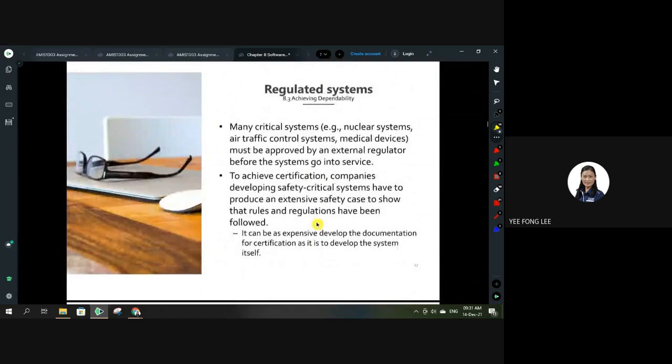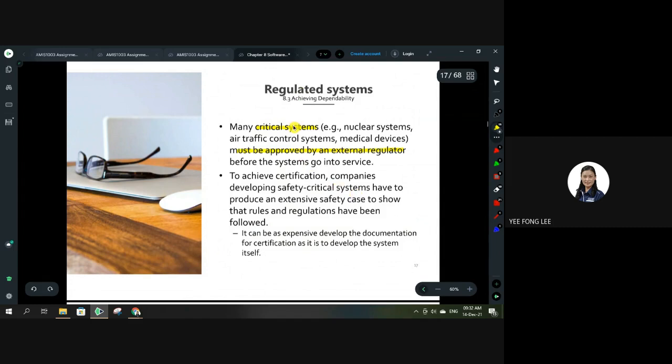Next one, regulated systems. Please glance through the slide. Ten seconds, please read through the slide. Let me highlight some words to you: approved by external regulator. So what does this slide mean?